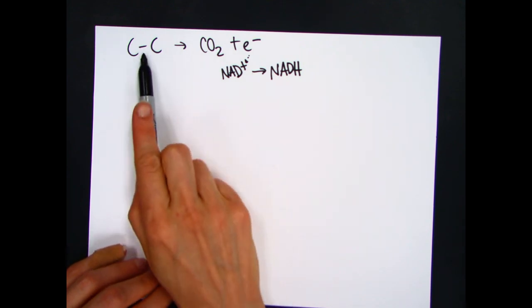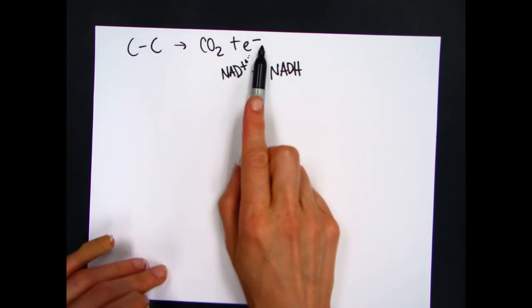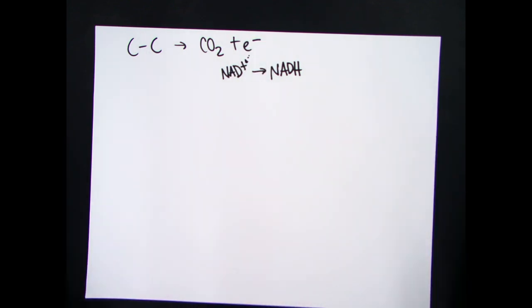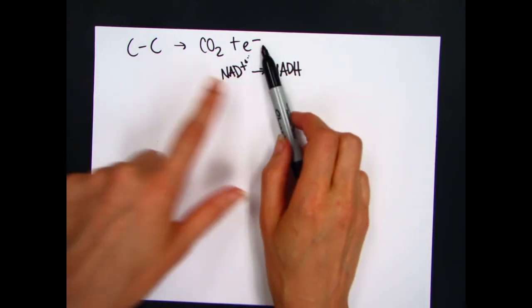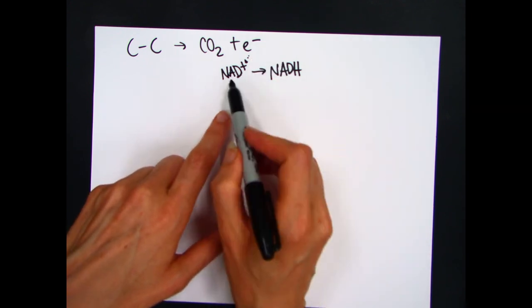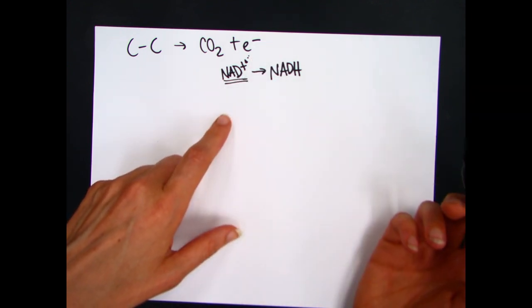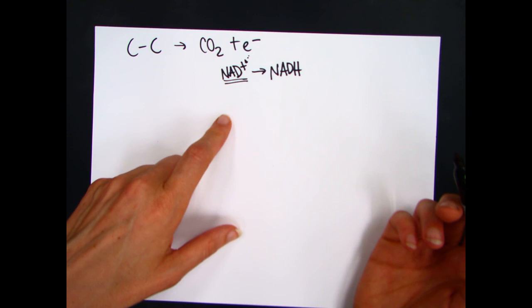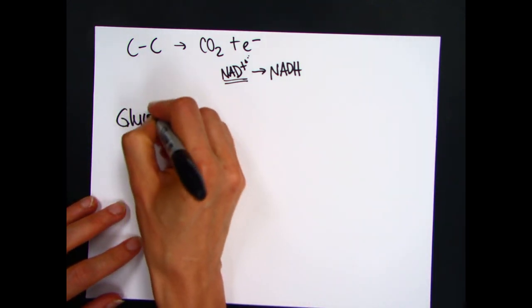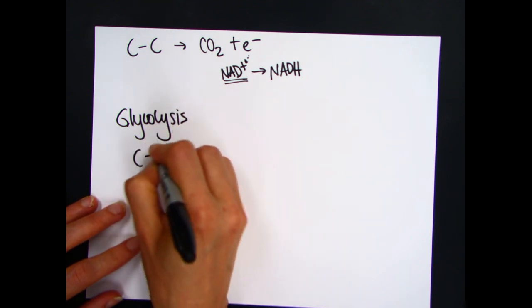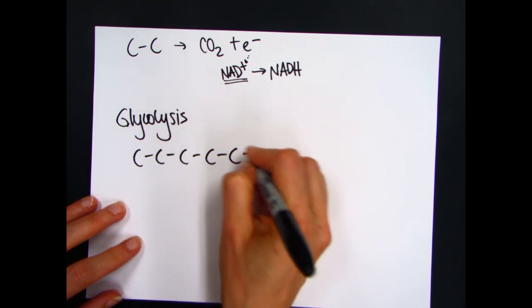So when we break bonds, we release electrons that can be used to do stuff. The successful bond breaking and capturing of the released electrons depends on there being NAD+. Everybody with me so far? So what happens in glycolysis is we have our 6-carbon glucose.